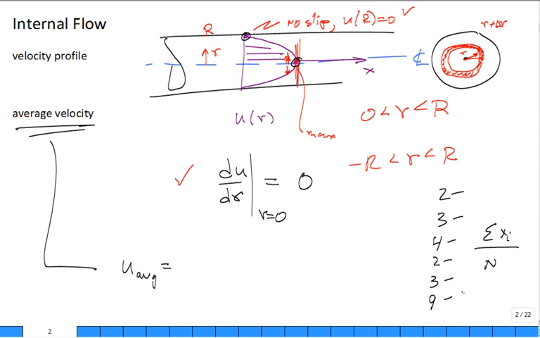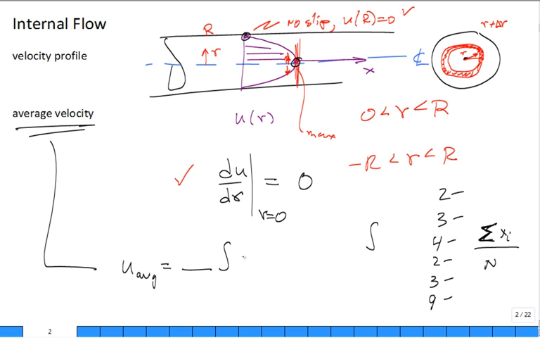Well, it's the same thing in mathematics when you have a distributed, not discrete, function. Instead of 6 individual discrete numbers, you have a continuous distribution. And so what's the equivalent to this symbol for summation? Integration. Right, and so we're going to have the integral of what? And then we're going to divide by something.